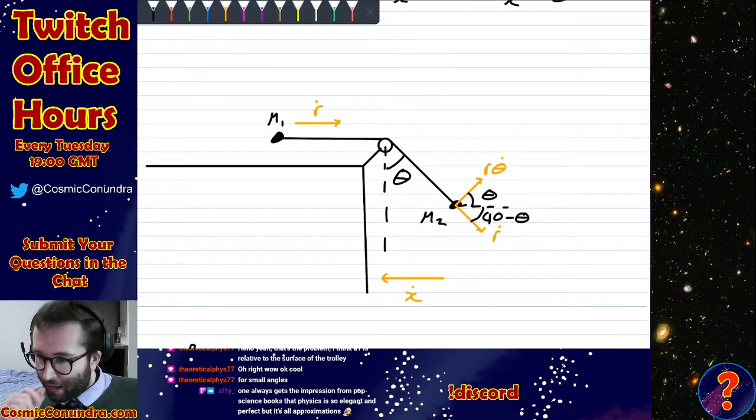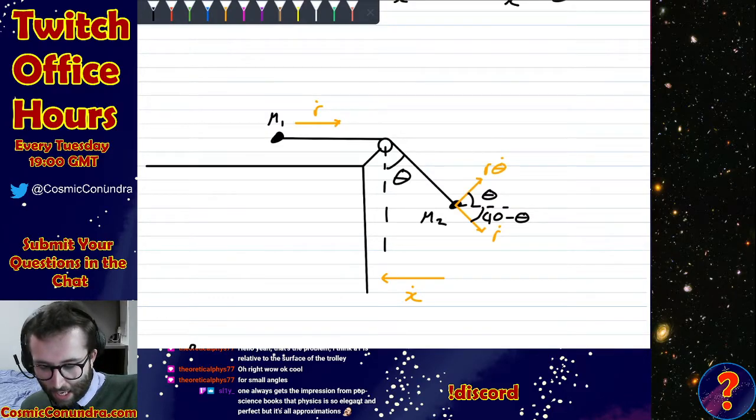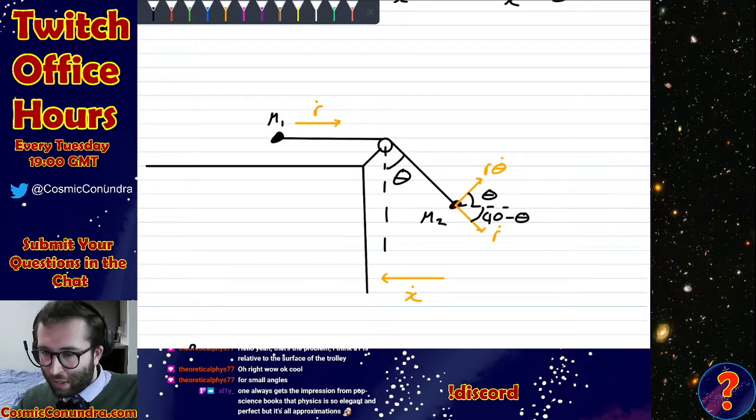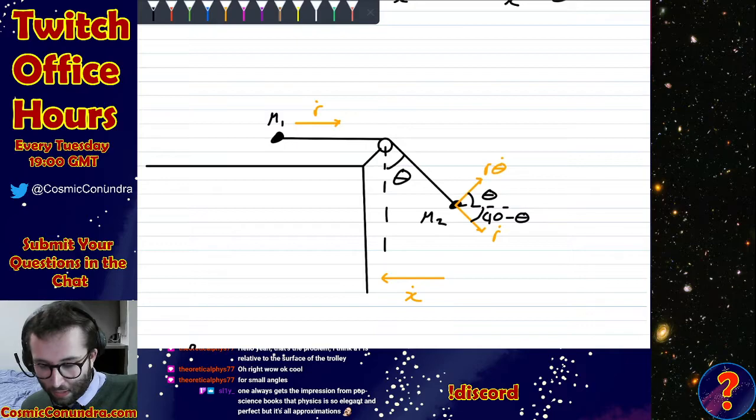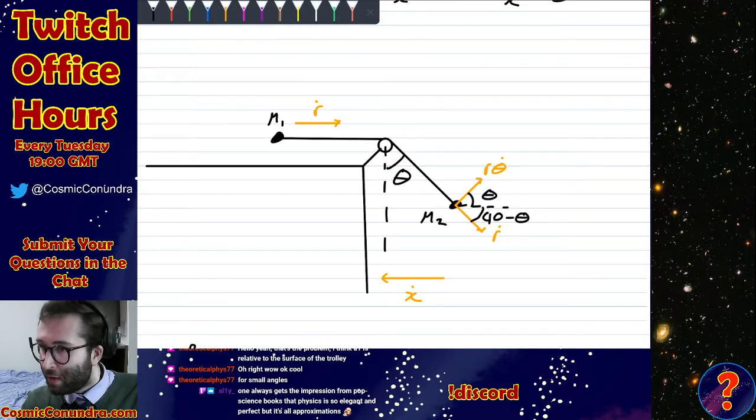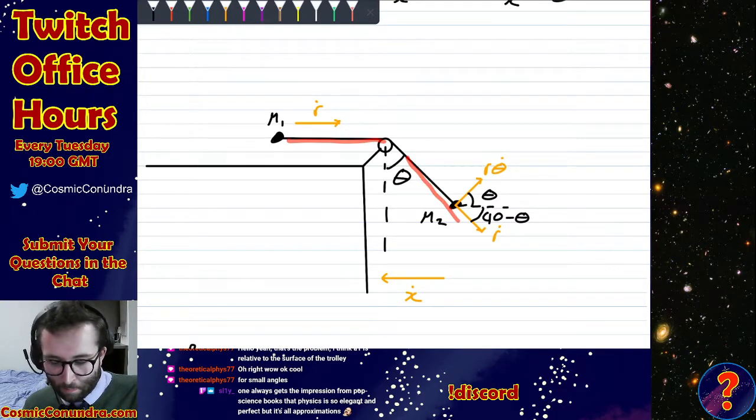So here is just an extra drawing I've done of the corner with the pulley with the masses on. I've left the masses as dots just because it's easier to draw lines coming off of them. The crucial thing is that this second mass, attached to the string, has two components to its motion. It's got tangential motion as it swings out, due to this angle changing, and it's got radial motion due to the string being pulled over the pulley, drawing more rope away from this side and onto this side.